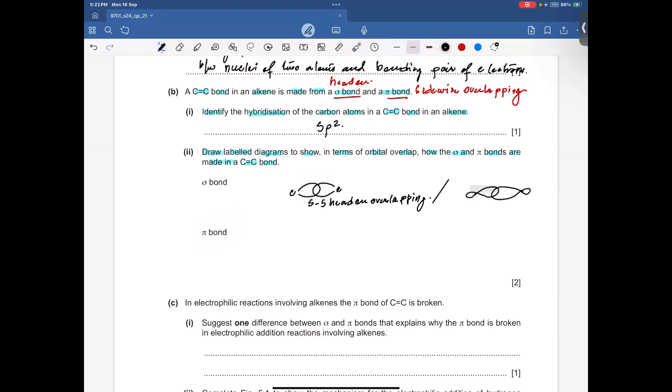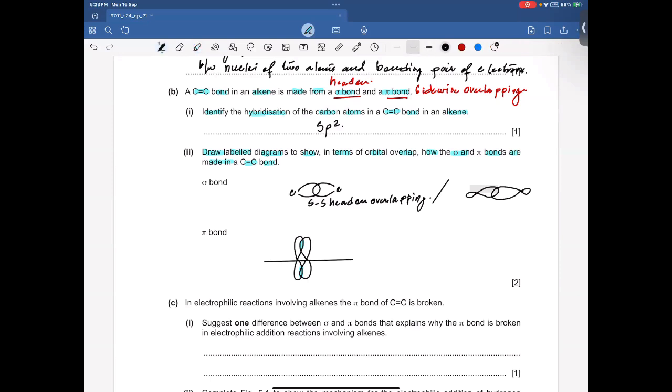Pi bond is always formed through side-wise overlapping of orbitals. So side-wise overlapping of orbitals is quite easy. We have done it in class. This is the pz orbital of one carbon atom. This is the pz orbital of another carbon atom. So this is going to be the side-wise overlapping of p orbitals.